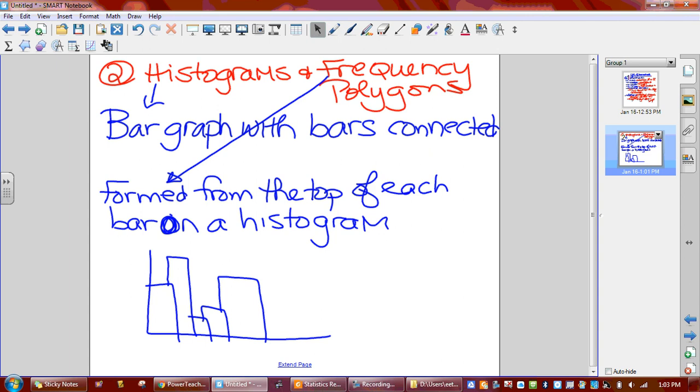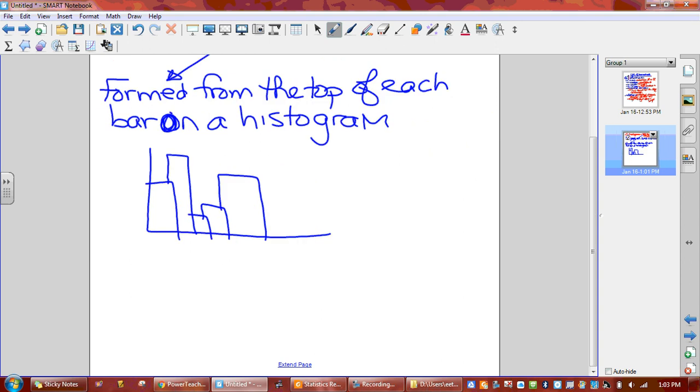Okay, there's my histogram, and what I'm going to do is I'm going to make dots on the top of them. So there's a dot on the top of that one. It's got to be on the middle. Okay, the dots on the middle, and then we're just going to join the dots. Okay, so that's basically a broken line graph, dot to dot, on the top of a histogram, not a bar graph.